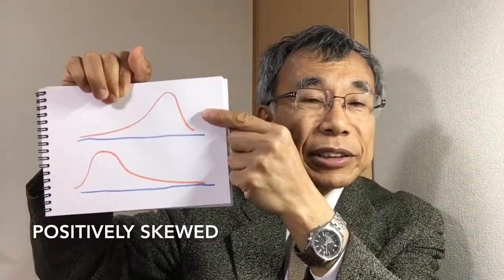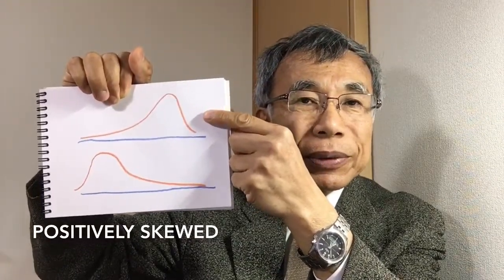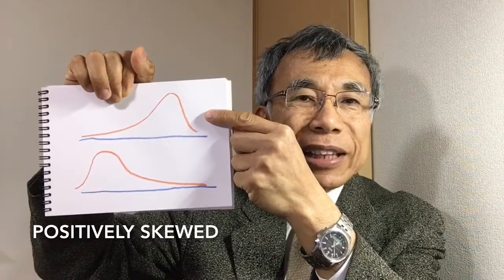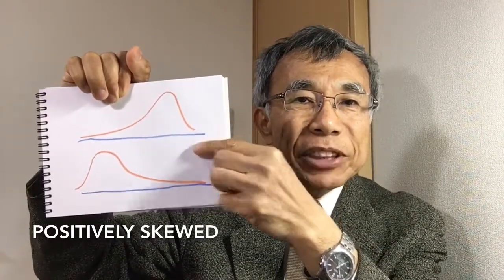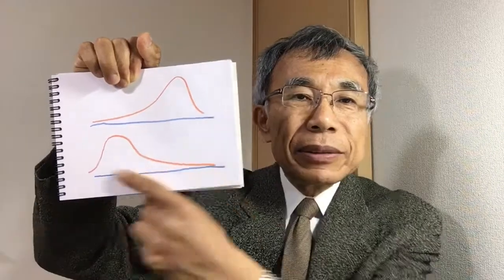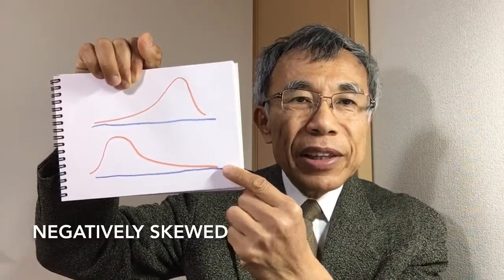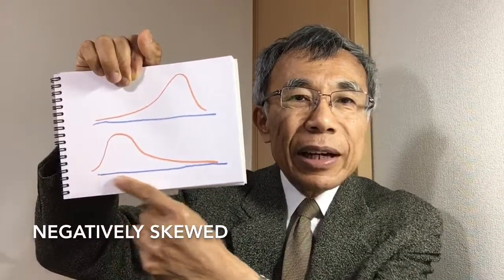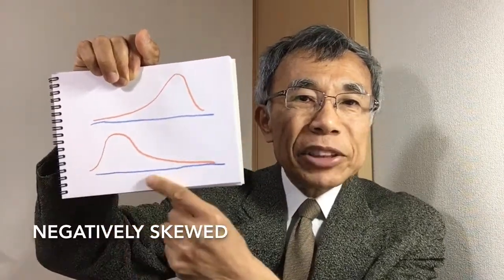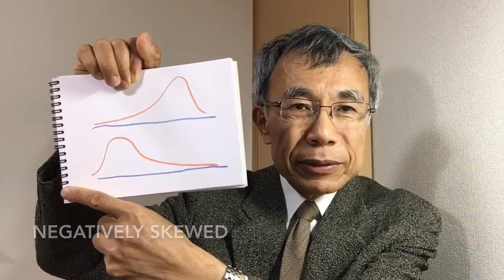A variable is positively skewed if the extreme values are higher than the majority of values. A variable is negatively skewed if the extreme values are lower than the majority of values.